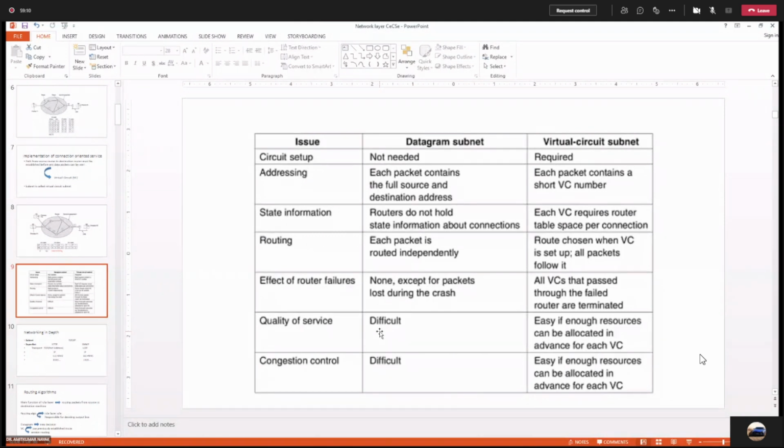If the quality of service is violated, then the user, the customer, will be dissatisfied with the network.